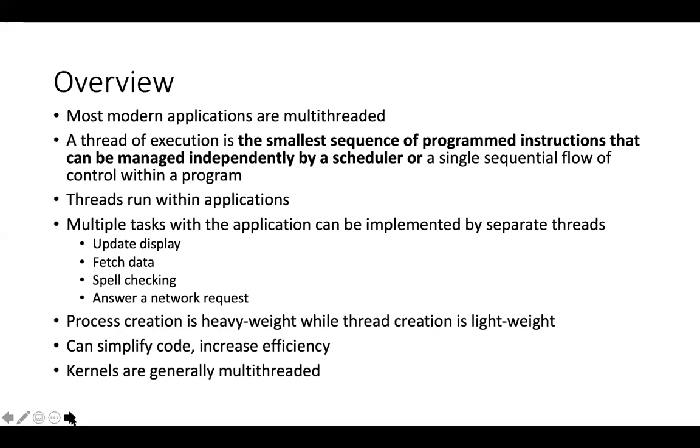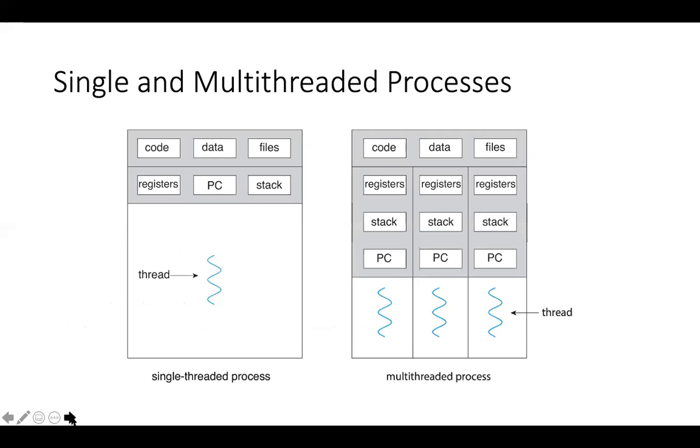Then, having seen the overview, we have single and multi-threaded processes. When you look at that diagram over there, the single-threaded process has a single thread running as the entire process or within the process.